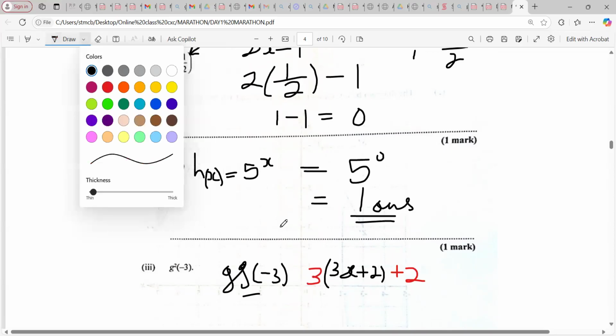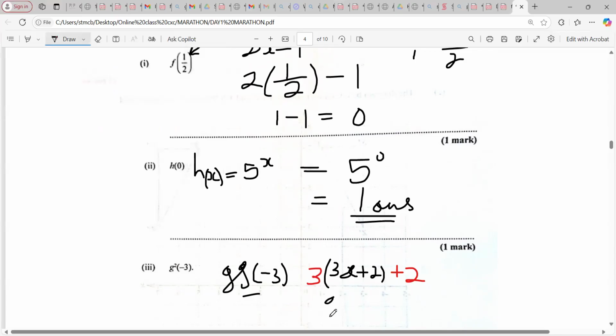Alright, and of course 3 times 3x is 9x, 3 times 2 is 6, and then you add the 2. So that will work out to 9x plus 8. And then we can plug in the 3.